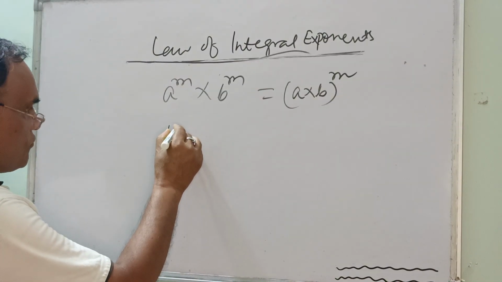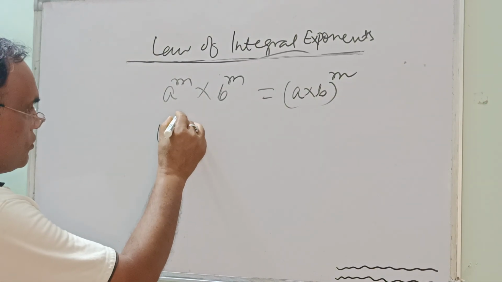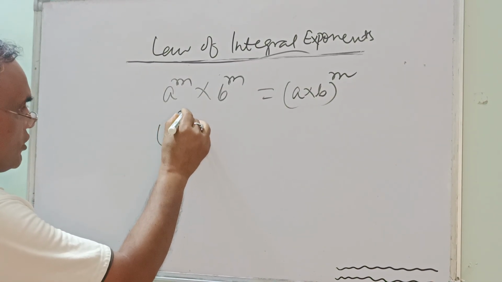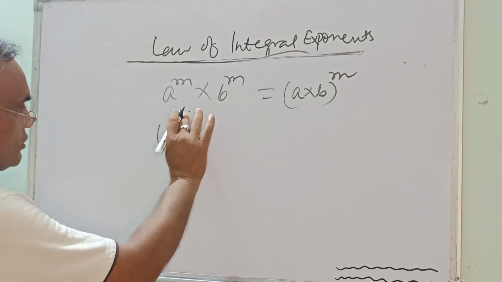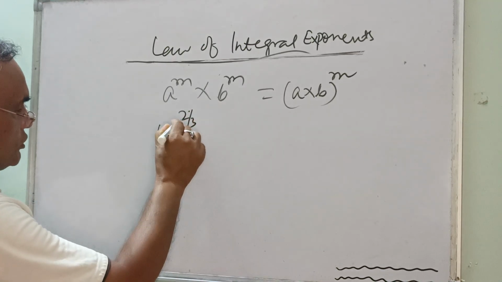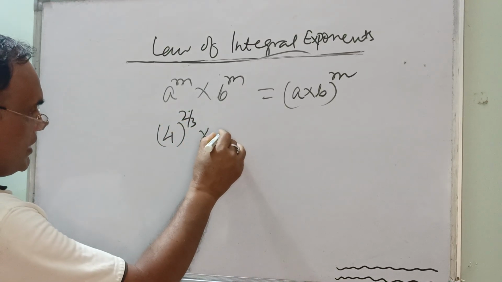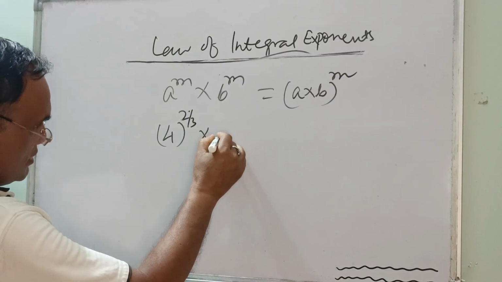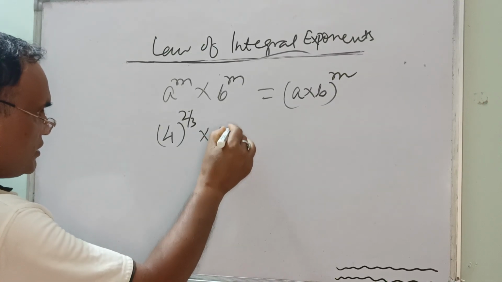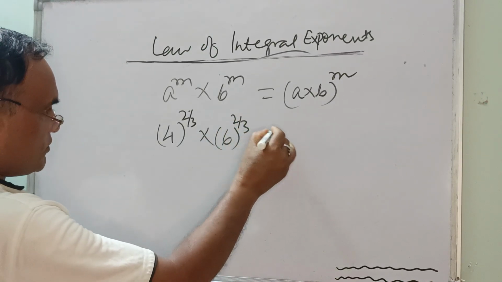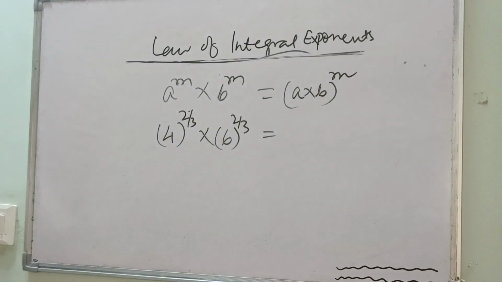We'll take another example based on this. If it is 4 to the power 2 upon 3 and you have 6 to the power 2 upon 3, what will be the answer? No need to do much; we can solve it very easily.